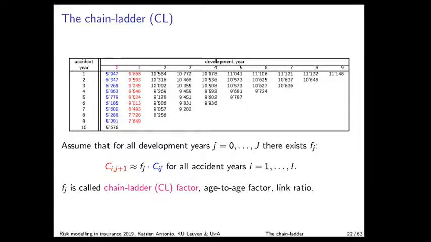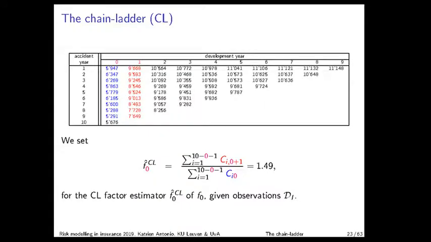Now, a next question is then, of course, how should you calculate or estimate these development factors? The chain ladder method presents an intuitive recipe to calculate these development factors. For example, the chain ladder factor f0 describes the development of the cumulative claim amount from period 0 to development period 1.